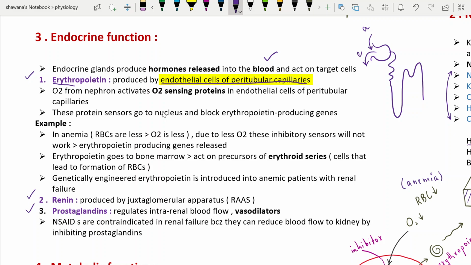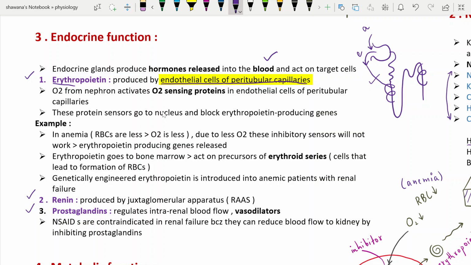The efferent arteriole then wraps around the proximal convoluted tubules and the distal convoluted tubules as peritubular capillaries, and these are known as peritubular because they are surrounding the tubules. Erythropoietin is produced by the endothelial cells of these peritubular capillaries. Now, the concept of how, on demand, erythropoietin is produced from these cells.